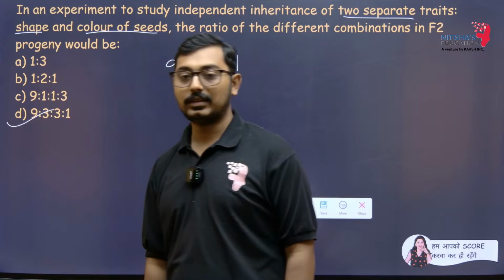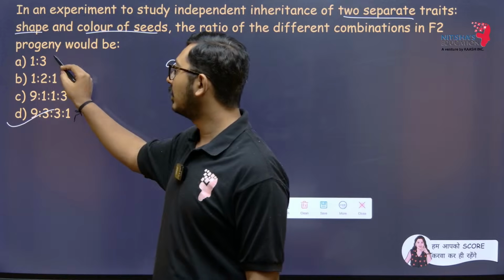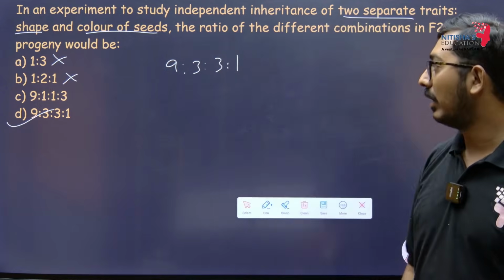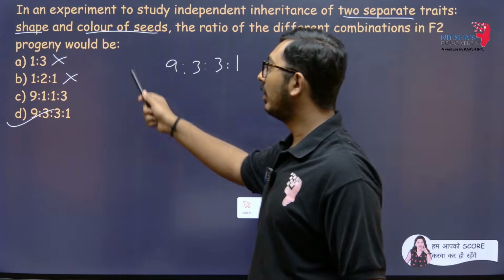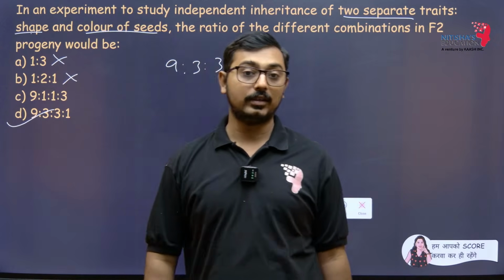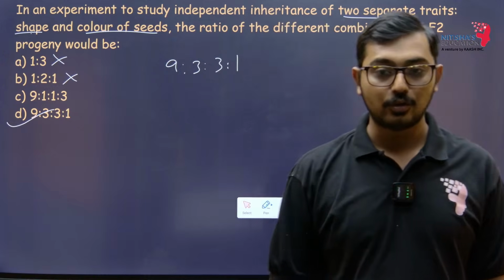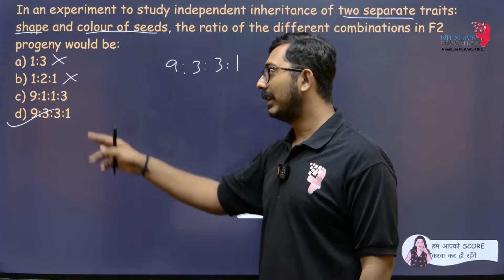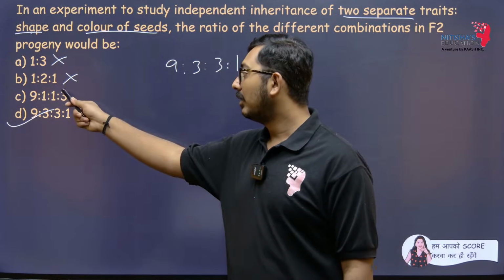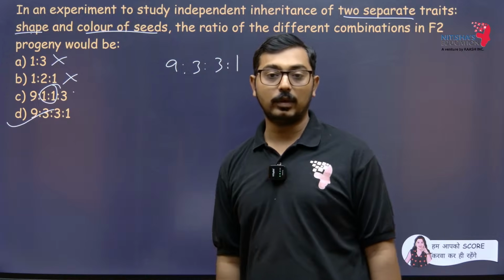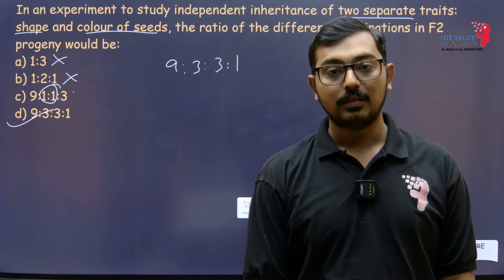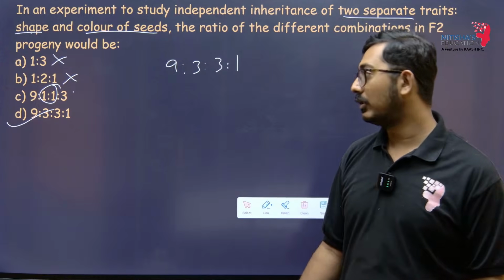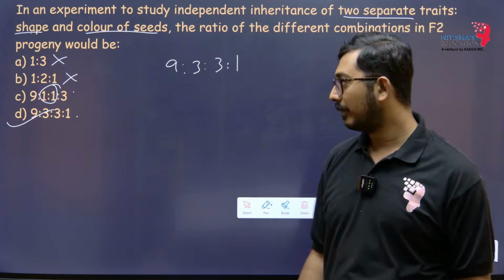So the option is D. The first two cannot be the answer, because they are ratios of 2 and 3, and as there are two different traits, we will have a ratio of 4. So it could be C or D. C cannot be, because in C the middle two are less than the third one, and the recessive part would be the least one. Hence, D should be the answer.